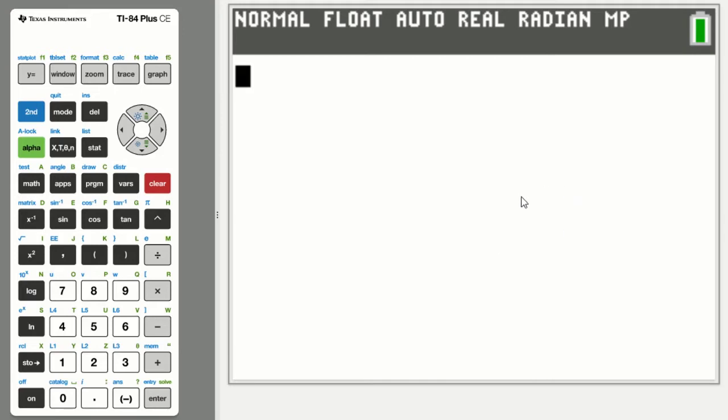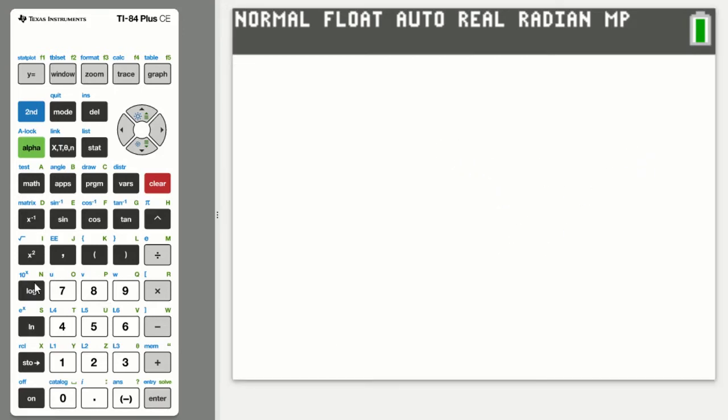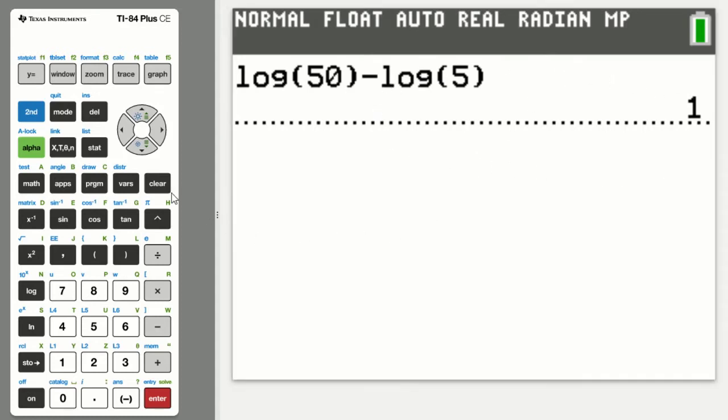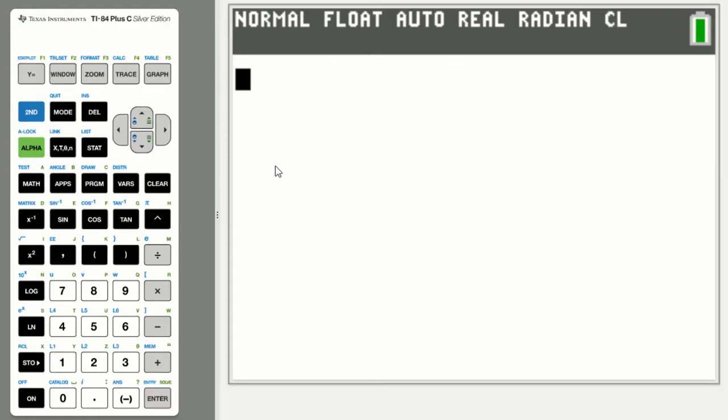As far as those calculators that can do the exact same problem in one command, we do log base 10 of 50 minus log base 10 of 5 and hit enter. The answer comes out 1. But this solution using the calculator is only for anyone who has a calculator that is quite advanced.